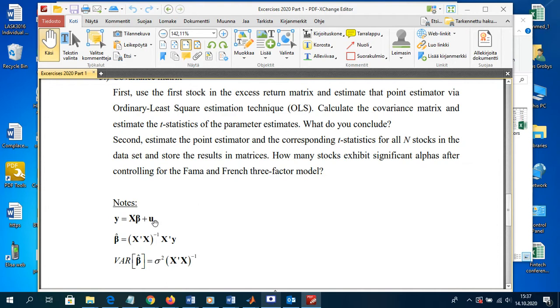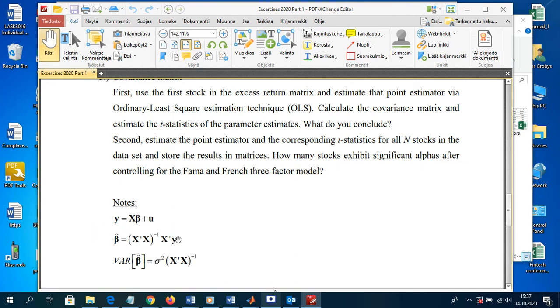And u is the vector of residuals, which is also a T by 1 vector, with the same dimension as our y.